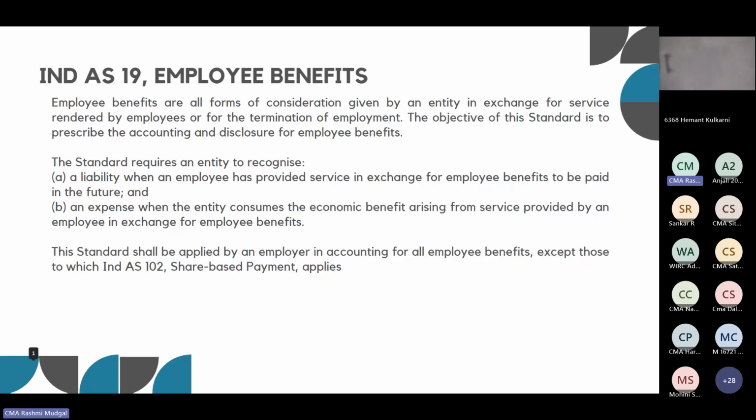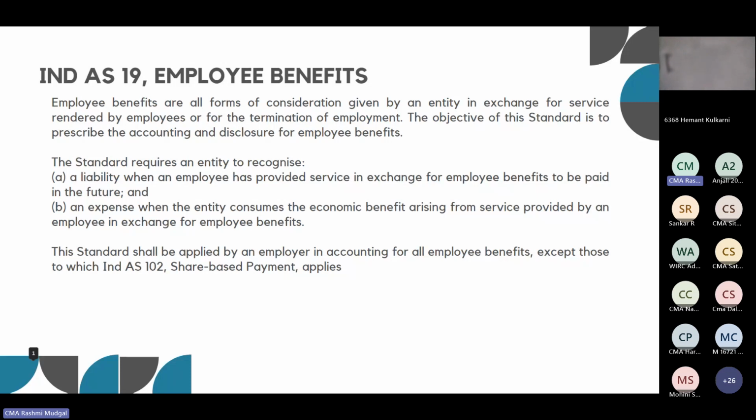So if I am terminating an employee and am supposed to give him 3 months' salary, that 3 months' salary I also need to take care of in the employee benefit account.